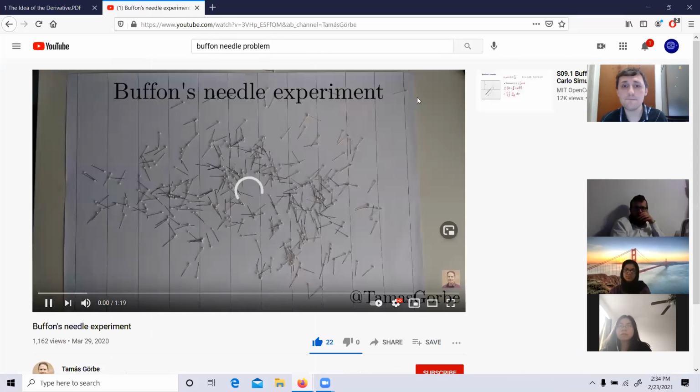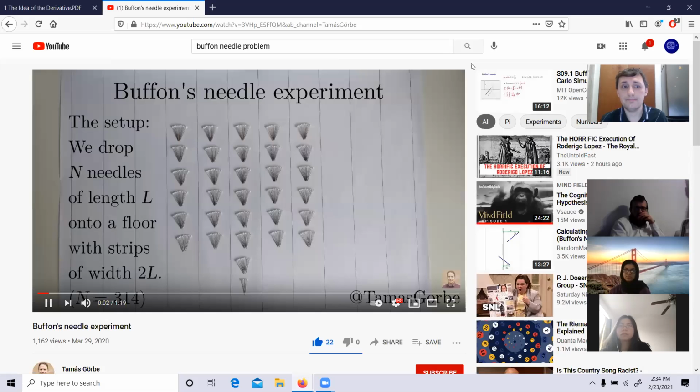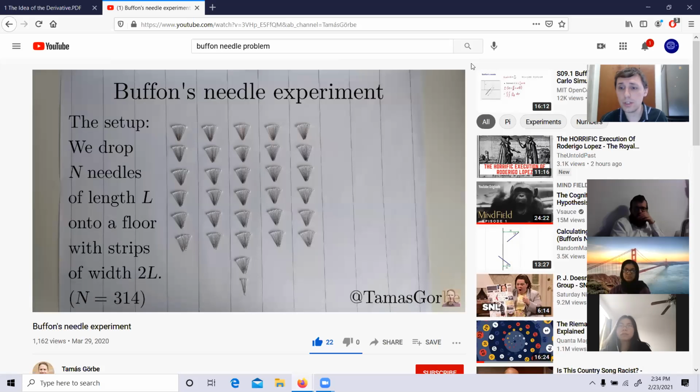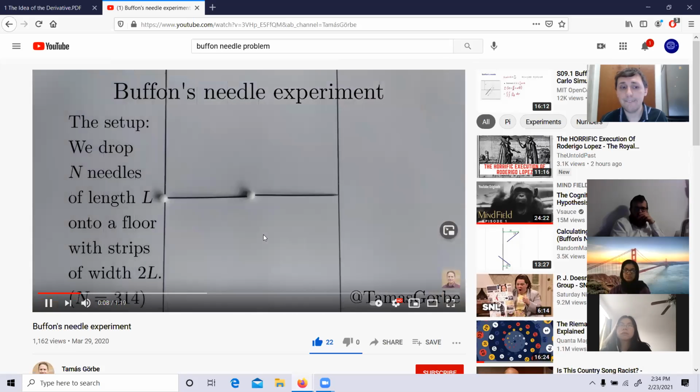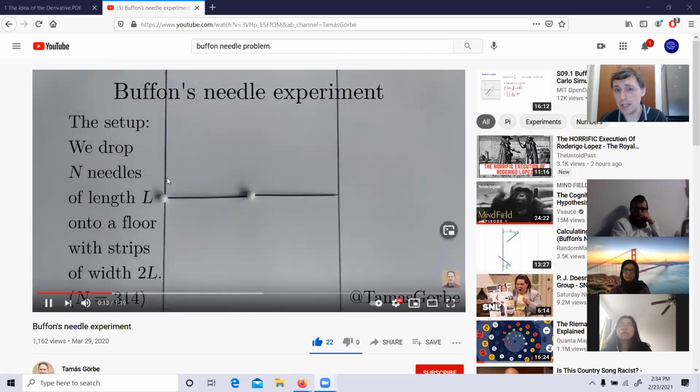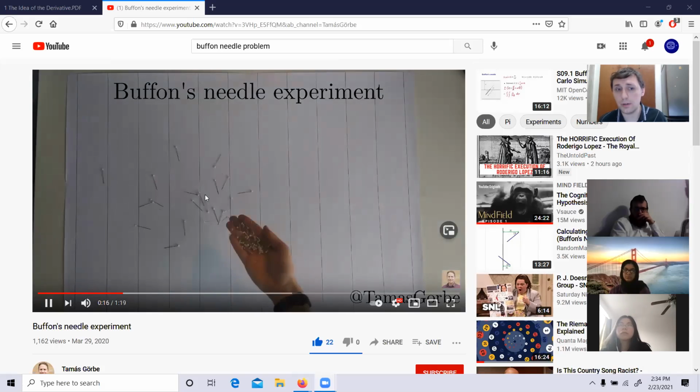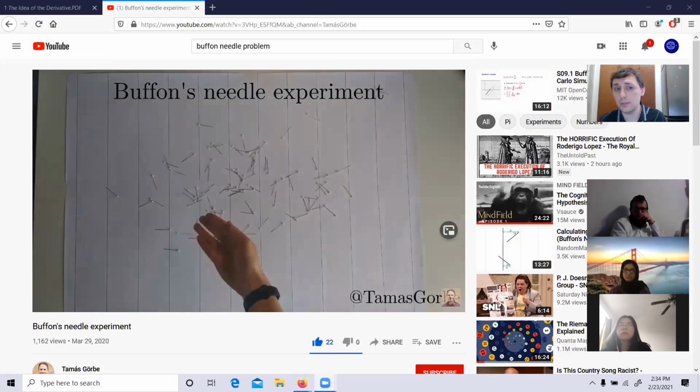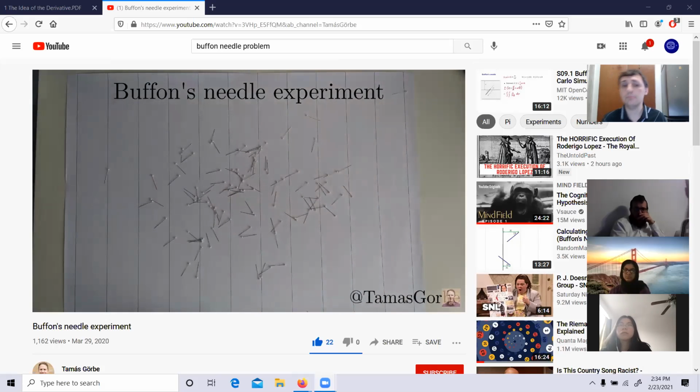You see this? You see those needles? Now he makes the distance between the lines of the ruled paper 2 needles long. And what you do is scatter those needles randomly, like this.